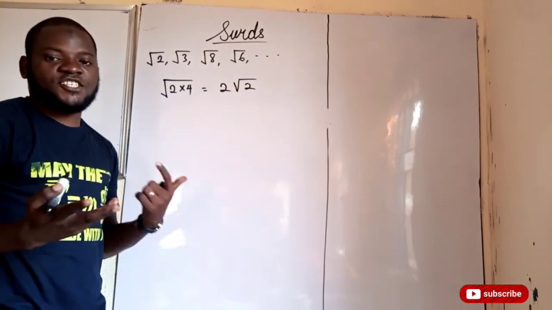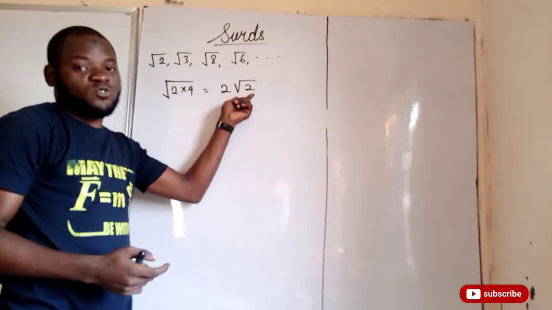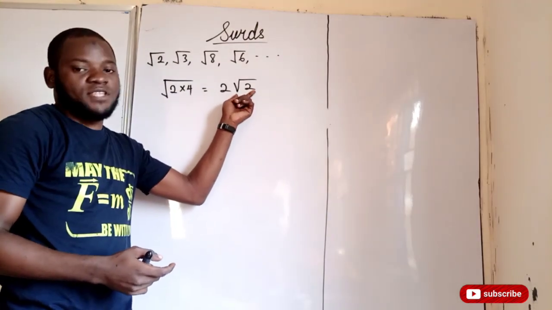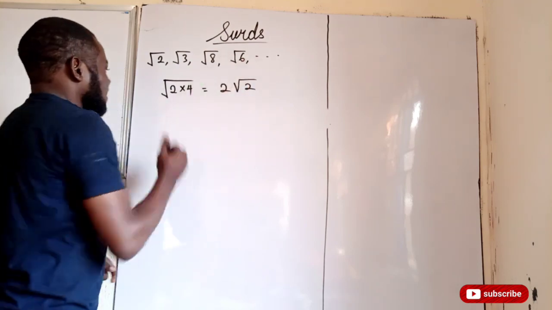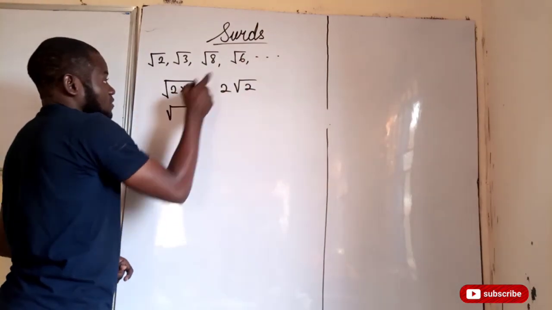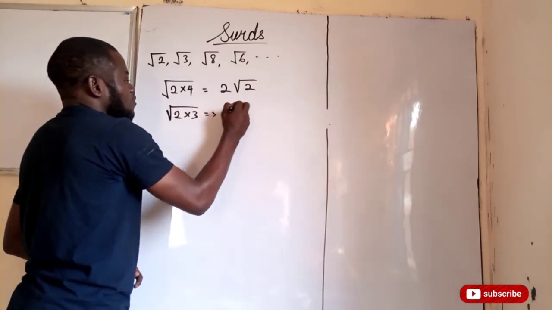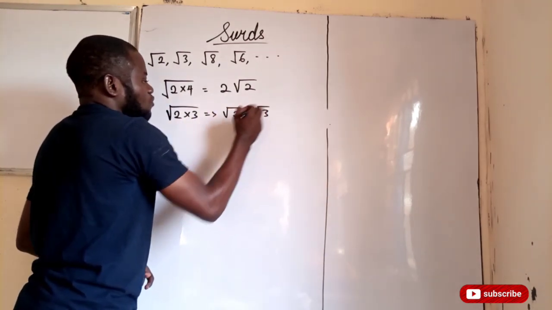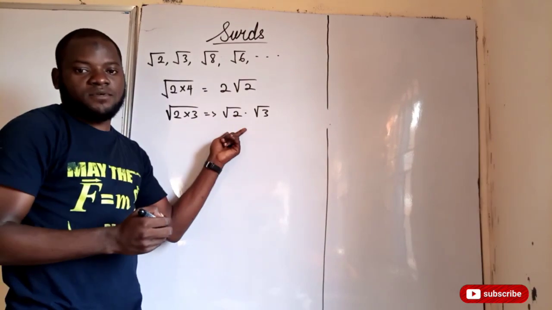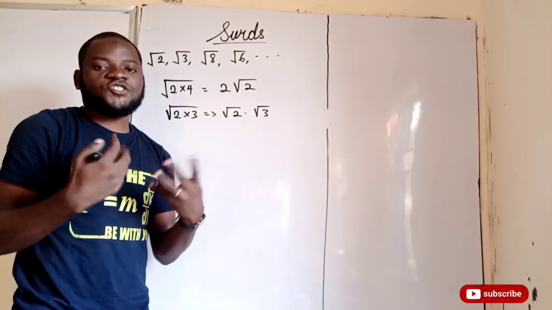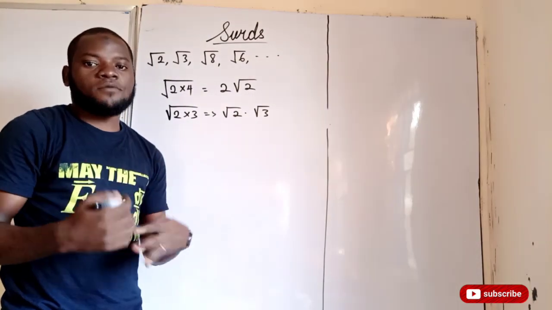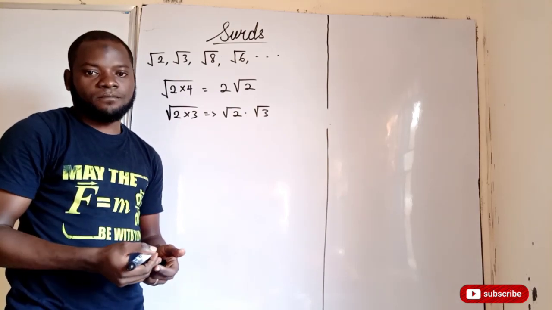If you look at the surd I have there, it is what? The square root of a prime number. And when you look at root 6, 6 is written as 2 times 3, which I can write as root 2 times root 3. These are prime numbers. So when you say surd, surd is the square root of a prime number.